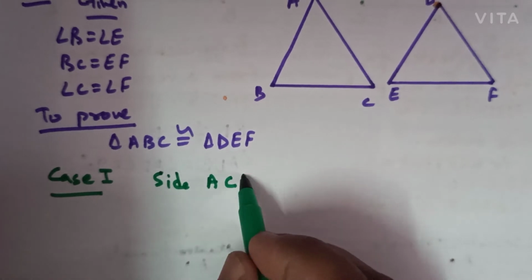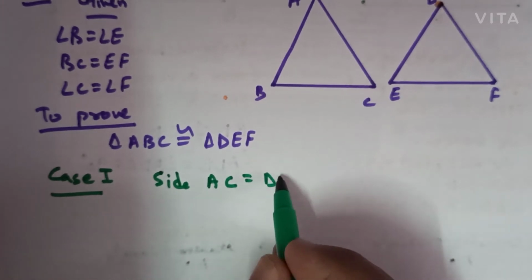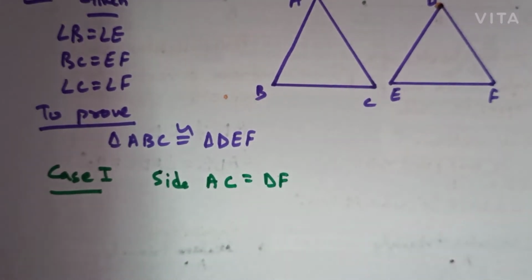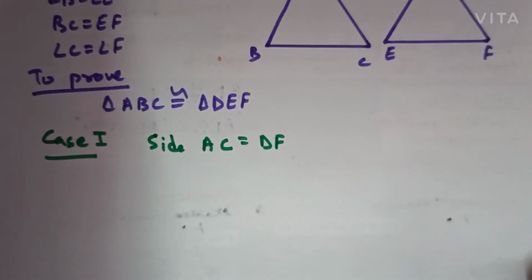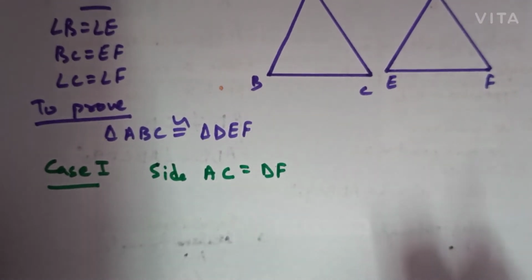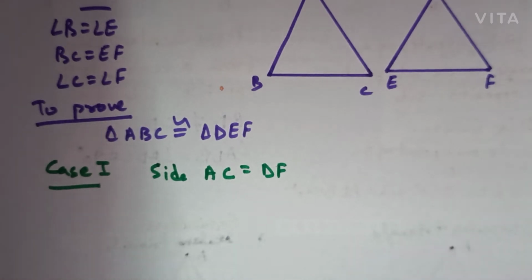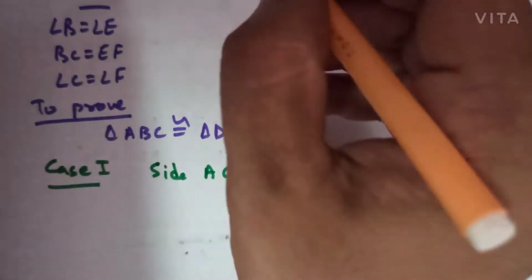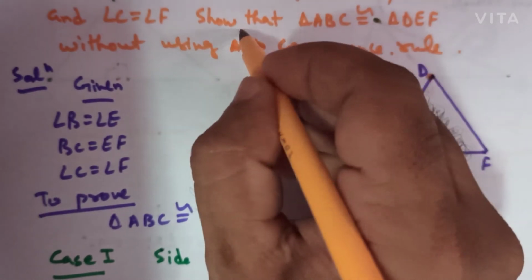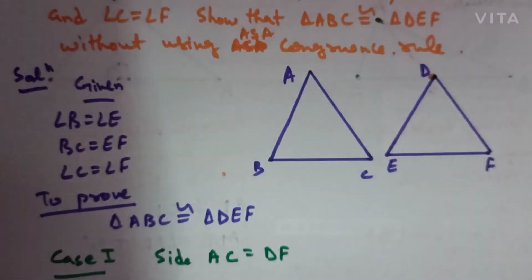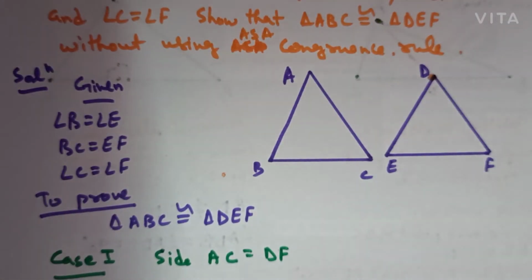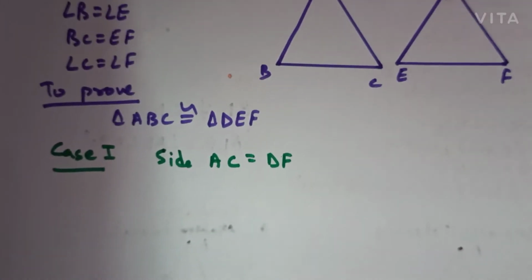If side AC is equal to DF, then there is no problem. We cannot use the ASA congruence rule, but we can use SAS congruence here. Using SAS congruence we will prove this.